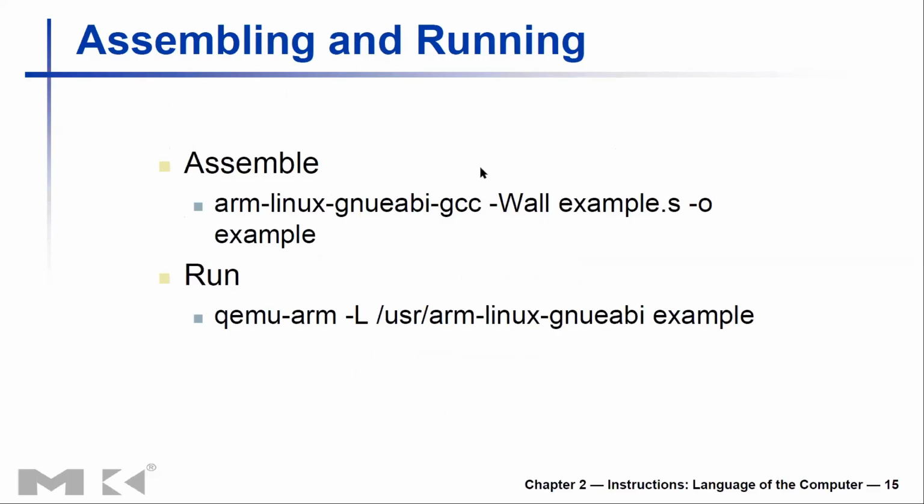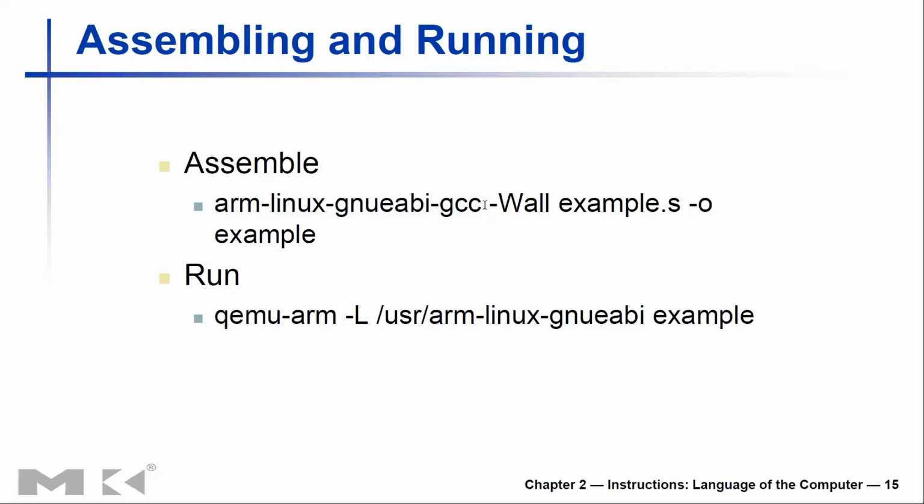Assembling and running: you can assemble a program using this tool you have installed on the Linux computer by using this command, arm-linux-gnueabi-gcc. This is the tool that we use to cross compile this for an ARM processor, and then the rest is very similar to how you compile a C program.